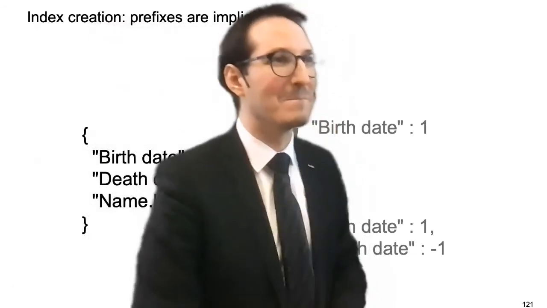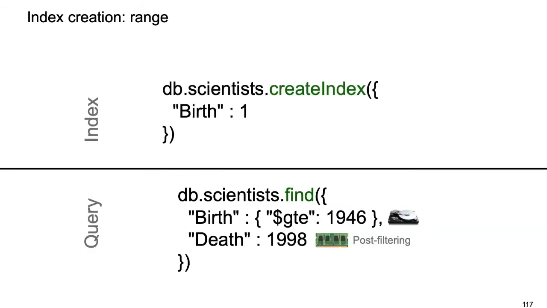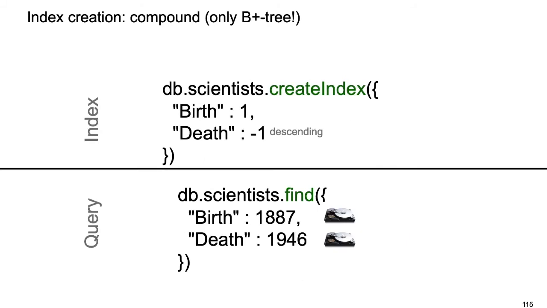Go ahead. So just looking at the filter, when you introduced the index on birth and death, when you did a find on that, you showed that there were 2 reads. But shouldn't it just be 1 read? Oh, yes. What I mean here is that this is all done directly from the index.